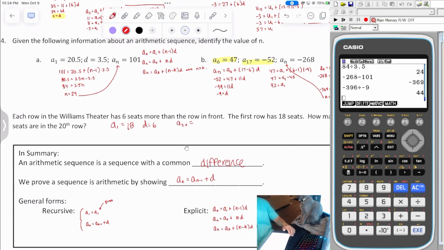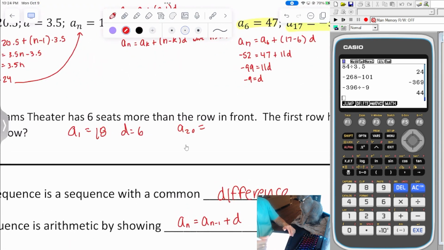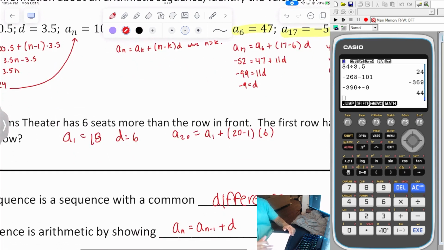Just plugging in what I know, I can claim that a sub 20 is equal to a sub 1 plus 20 minus 1 times d, which is equal to 6. So I'm currently just referencing the first equation that I have here.